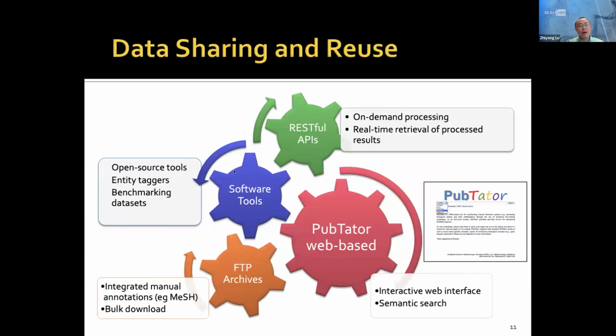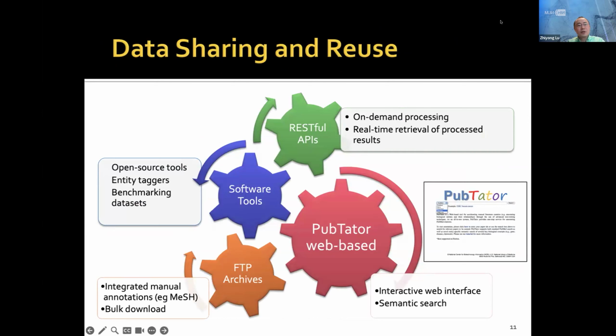And we provide APIs for them to do that. Once they look at the examples in the PubTator web browser and like the quality of our annotation, they can write a one-sentence code to retrieve the data from a subset of articles they're interested in, or they can use FTP to download basically every article's annotations.